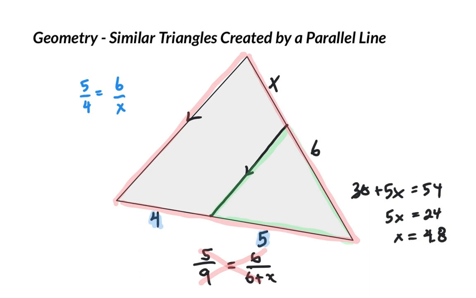I could have just done the pieces, and you'll see when I cross multiply those that 5 times x is 5x, 4 times 6 is 24. You can see I'm at the same exact spot.